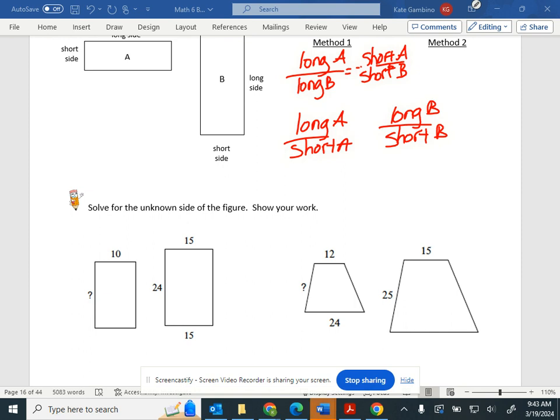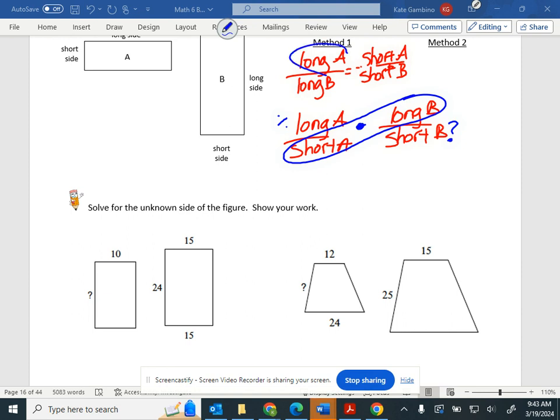Now, this is a method. I'm going to add to the method to help us remember how to solve this. Remember, we do that cross multiplying. If this is my question mark, this is what I divide. Cross multiply the two numbers we know, divide out the other number, and you're left with your question mark.